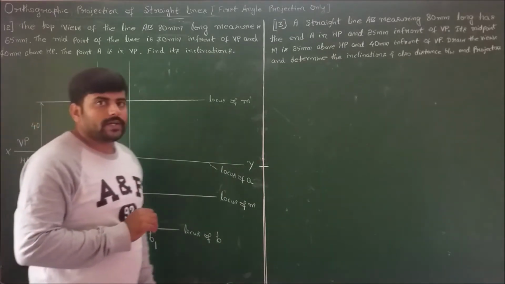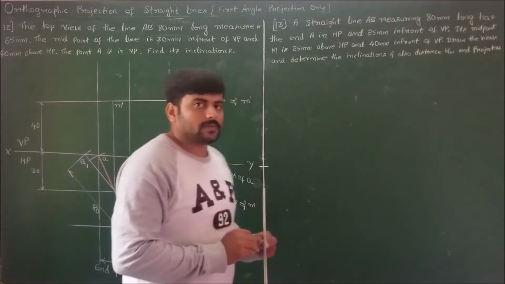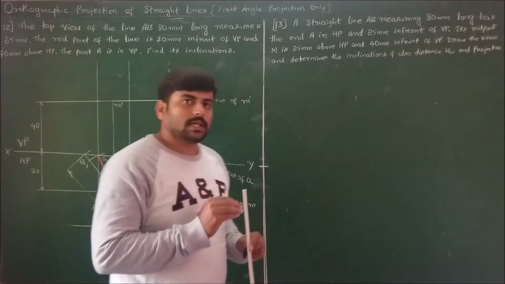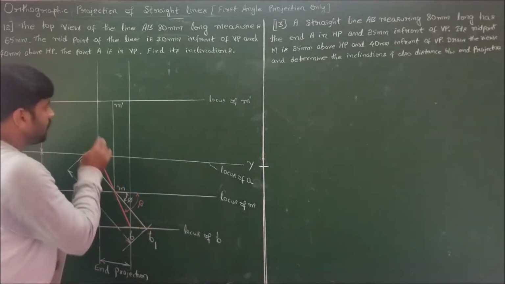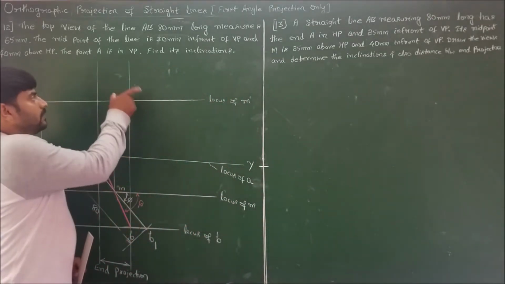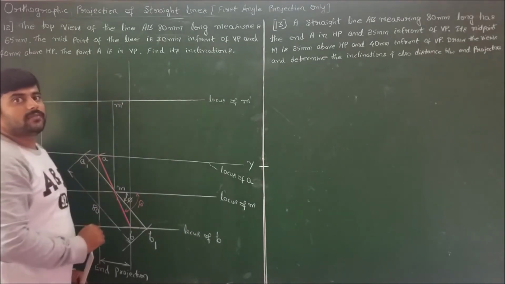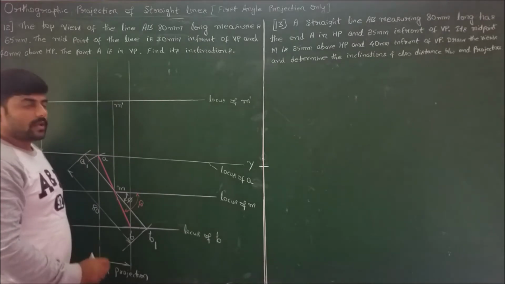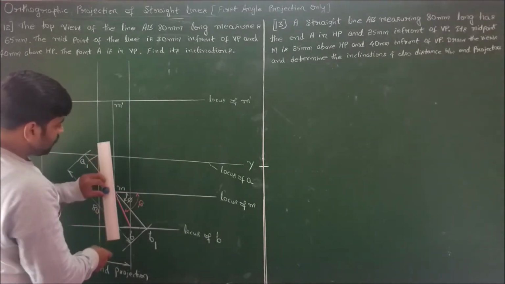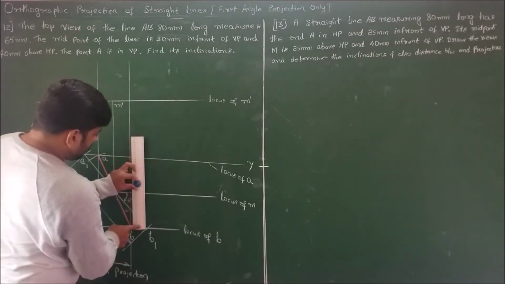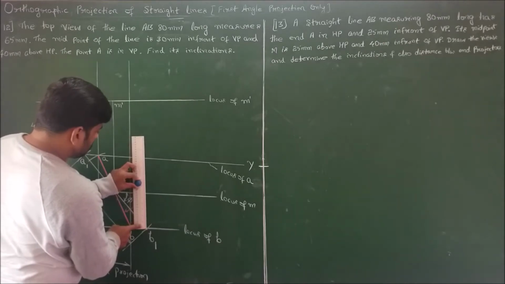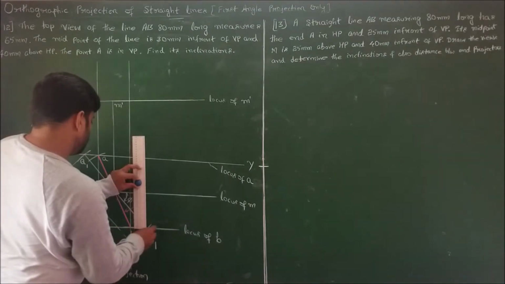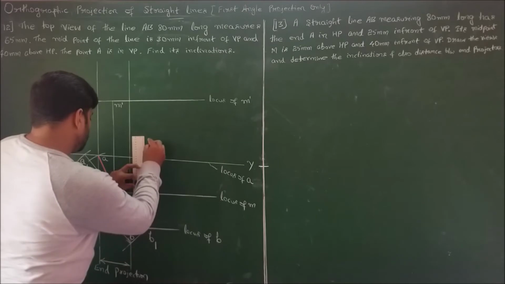This basics we already know, but for solving problems with midpoint, we should always take the projection to the midpoint. From the midpoint, if you rotate, you will get half of the length in front, and the remaining half you can extend. What I mean to say is that the same procedure you follow: drop the perpendicular from the true length. So I am dropping the perpendicular from one end of the true length.